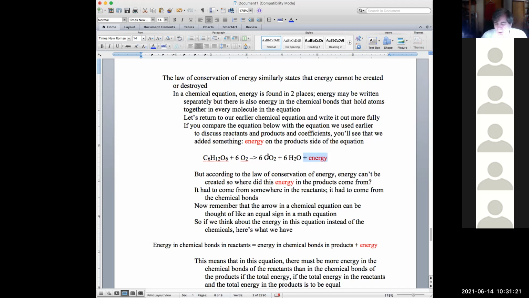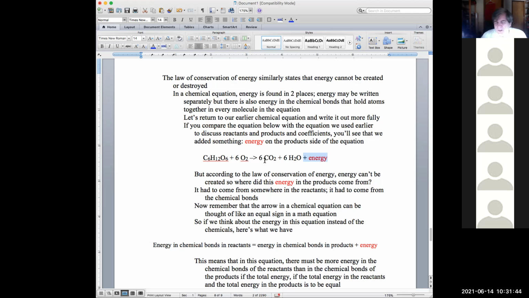We'll talk about chemical bonds in a day or two, but one easy way to think about chemical bonds, think of chemical bonds like two people holding hands. Here we have an oxygen making a chemical bond to another oxygen. So we have two oxygen atoms holding hands. Here's the problem.